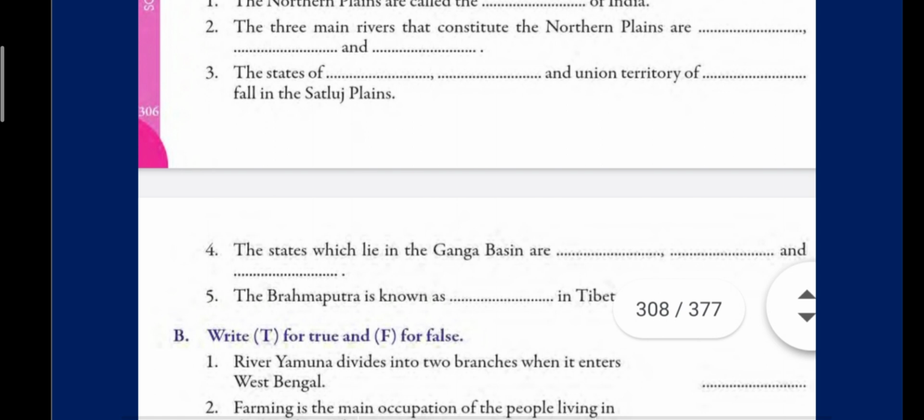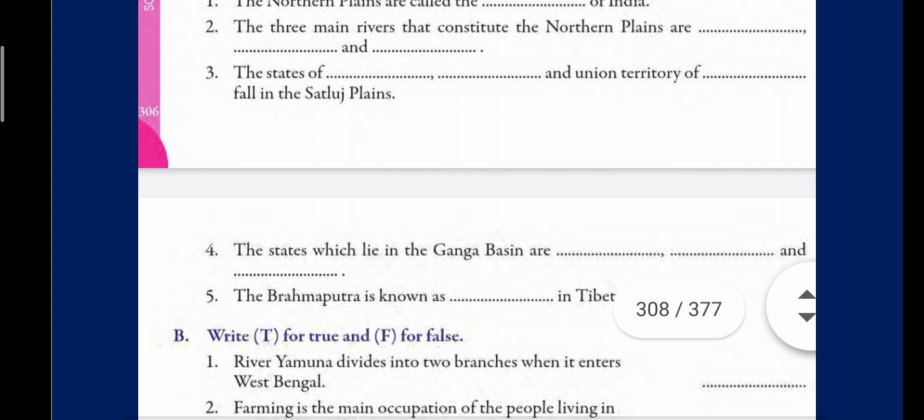Then the last: the Brahmaputra is known as dash in Tibet. The answer is Tsangpo, wherein the letter T is silent. So this was fill in the blanks.